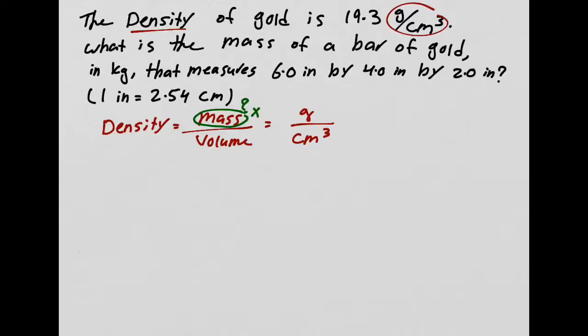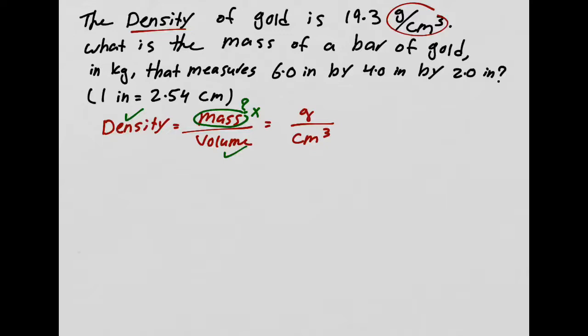If the mass is given to you, that means the density and the volume must be given. You cannot have two variables. Okay? Well, you're trying to figure out the mass. So the density is given. That one is very obvious. Now the volume is not as obvious. I don't give you the volume. But what do I give you? I give you the dimension. If I give you the dimension, could you figure out the volume? Yes, you can.